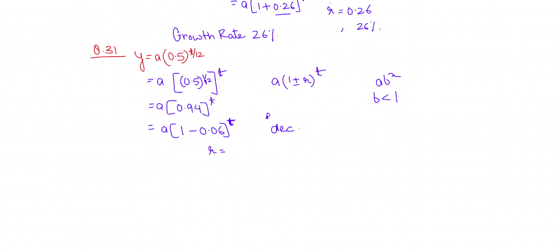Another thing is that R is 0.06, or we can say 6 percent. So it is a decay, and the decay rate is 6 percent, or 0.06.